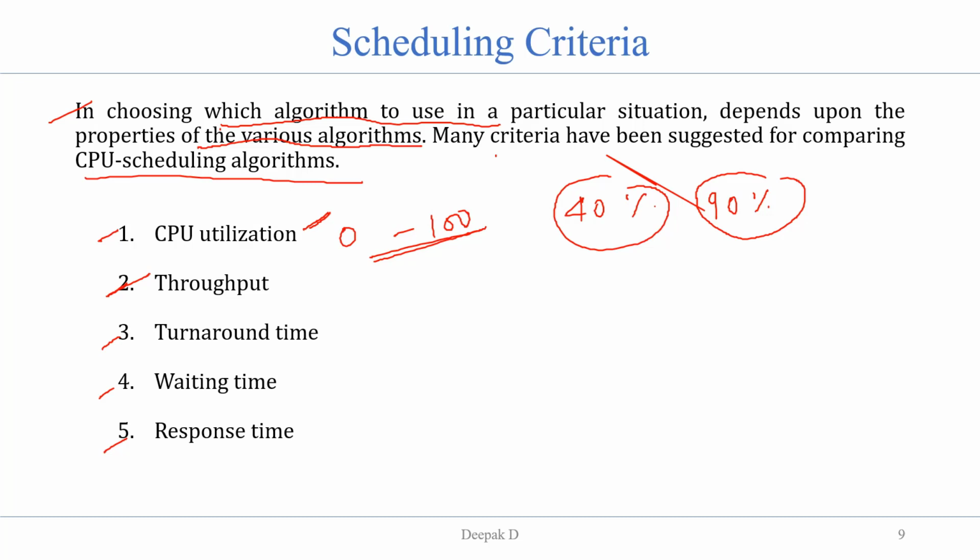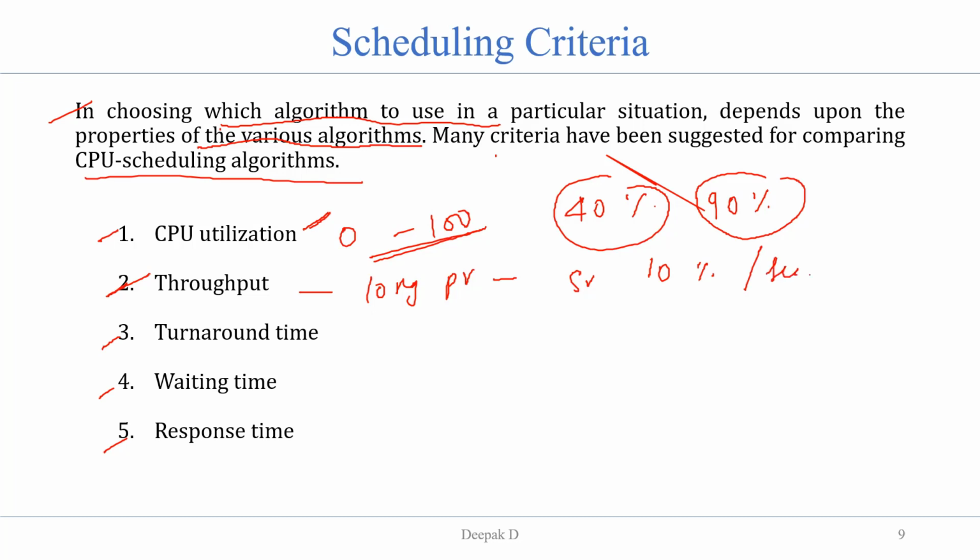For example, for a long process, that might take one process per hour. For shorter transactions, they might take 10 processes per second. So this is throughput.